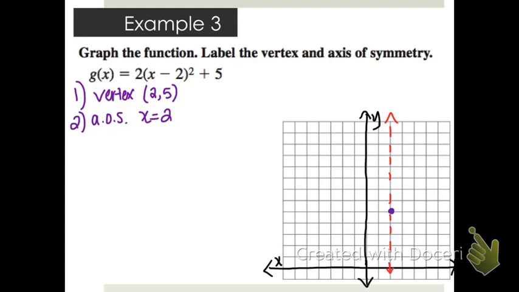So then my next step is to choose 2 x values to the right of my vertex. So I would use x is equal to 3 and x is equal to 4. Do my substitution step, which is step 4.